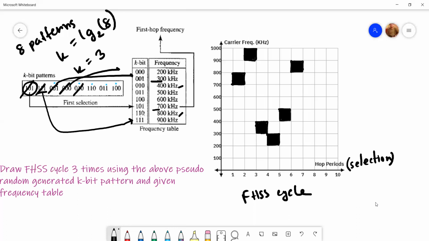Fill this up a little bit more. So sixth is gone. On the seventh, we have 011. So this is going to be 500 kilohertz. For the seventh, this is going to be my 500 kilohertz. Just going to fill the space.